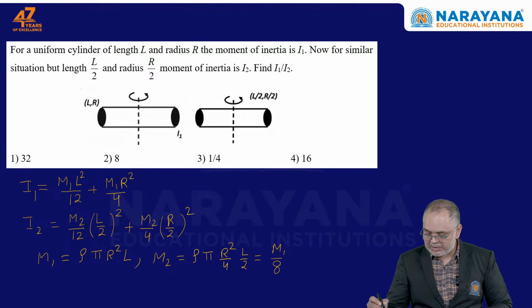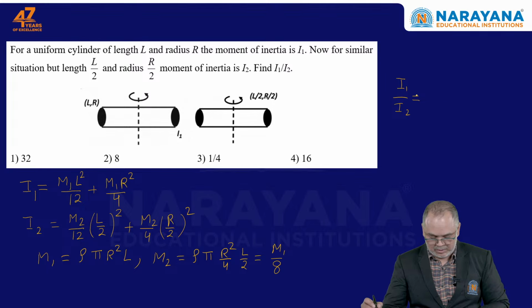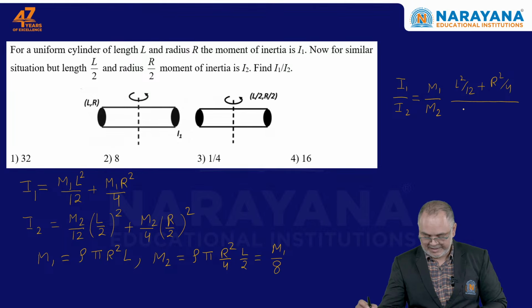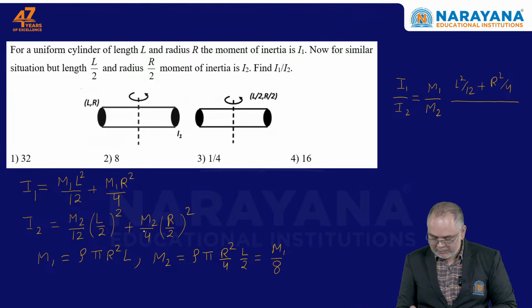Now we can divide these two. So we can write I1 by I2. This will be equal to m1 upon m2, into L square by 12 plus r square by 4, divided by, now here if you see 1 by 4 will be common, (L by 2) whole square, (r by 2) whole square.